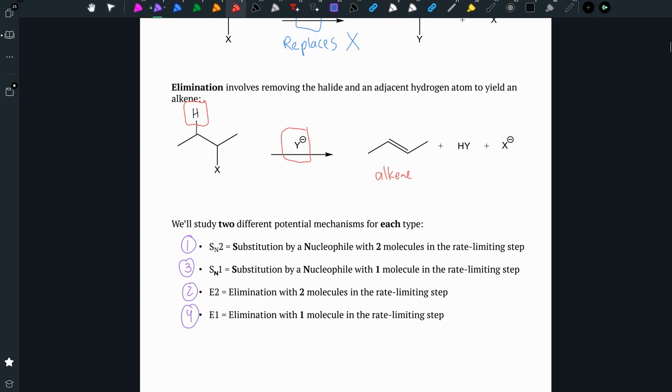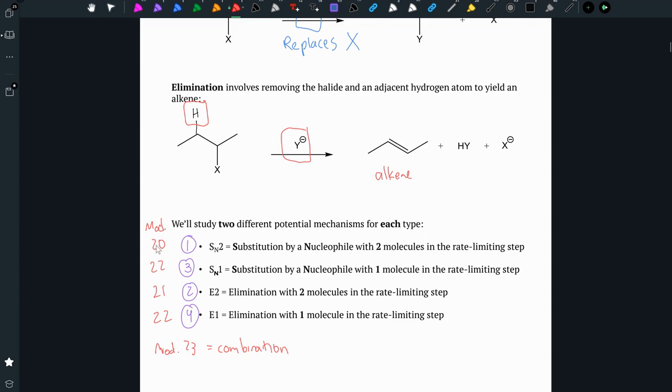The way they're numbered in the modules is actually module 20, module 21 is E2, and then 22 is SN1 and E1, and then module 23 is about putting it together. So the order is a little different.